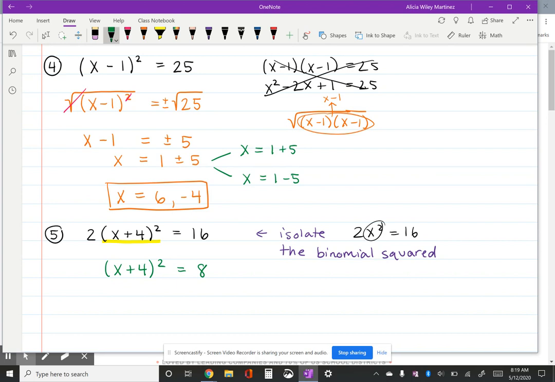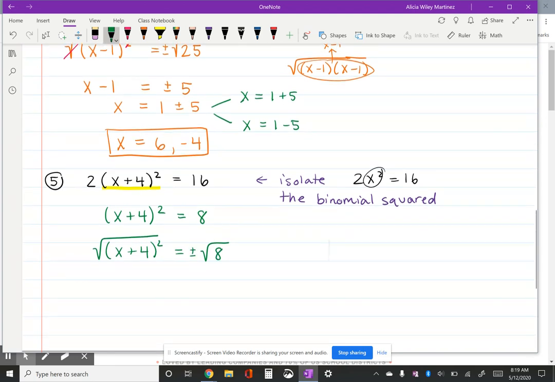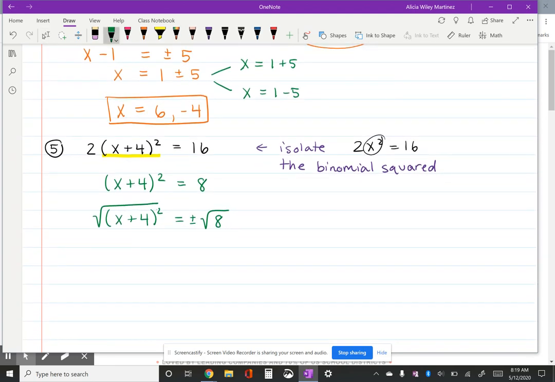And again, the way that I undo that power of 2 is I'm going to square root, and I'm also going to square root the other side, not forgetting my plus or minus. Now the square root of (x plus 4) to the power of 2 will cancel that out, leaving me with just the binomial x plus 4.